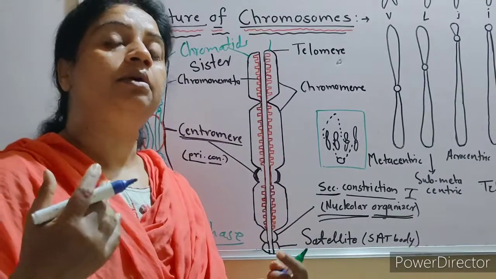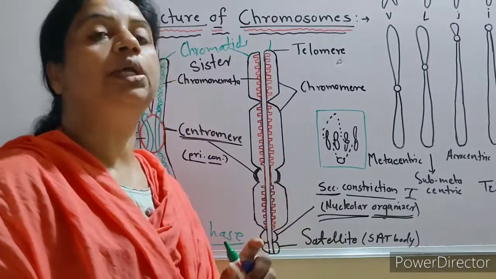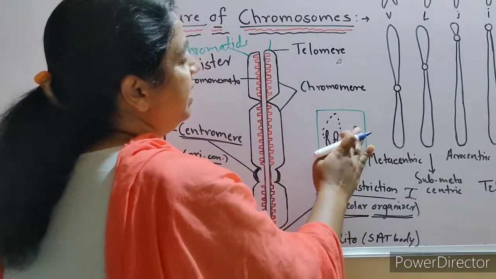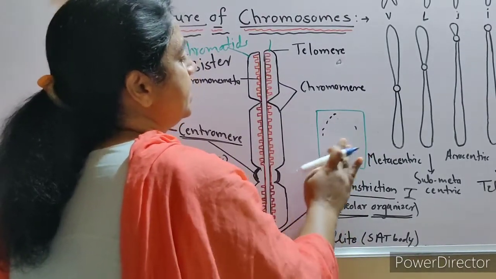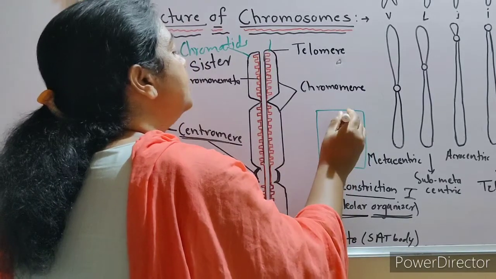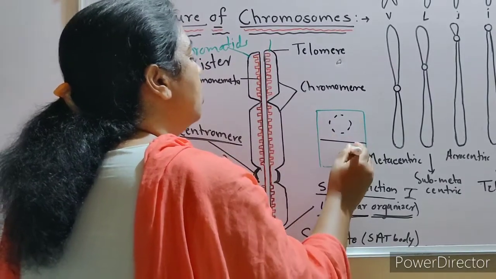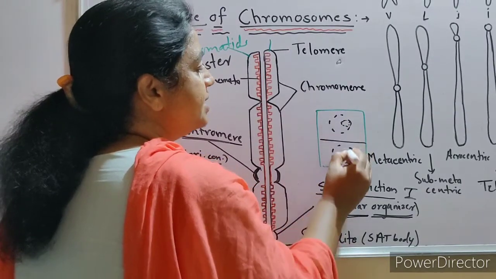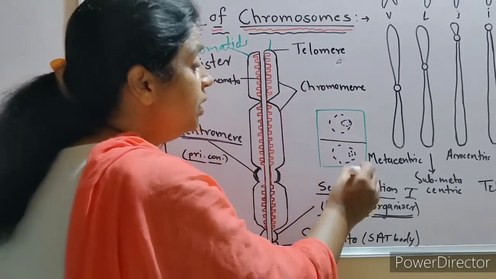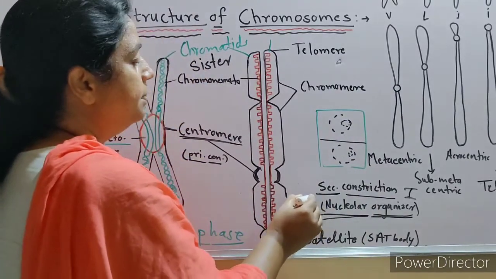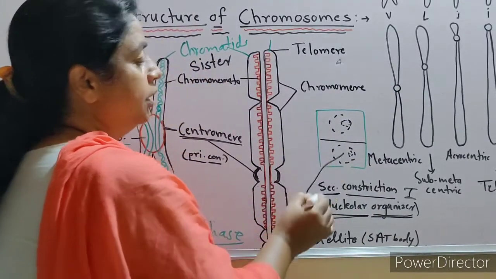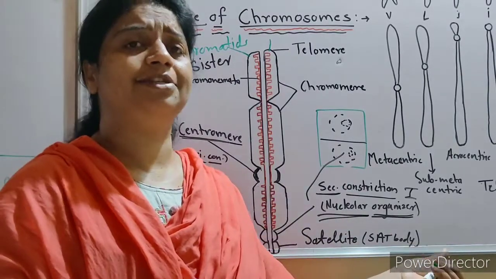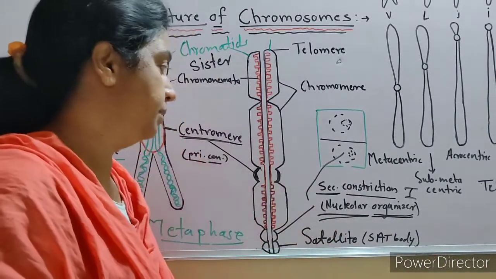Because it organizes the nucleolus during interphase. When metaphase, anaphase and telophase are completed, then interphase occurs, the nuclear membrane develops and the nucleolus develops. This nucleolus is organized due to the secondary constriction, so it is called the nucleolar organizer.